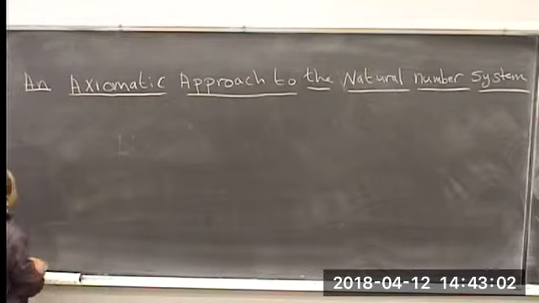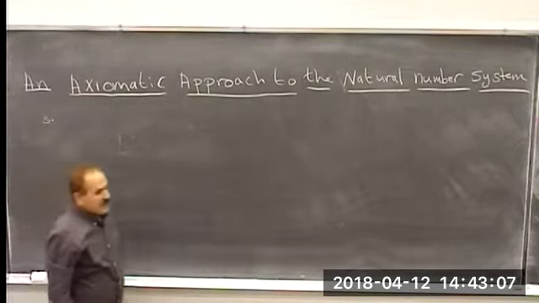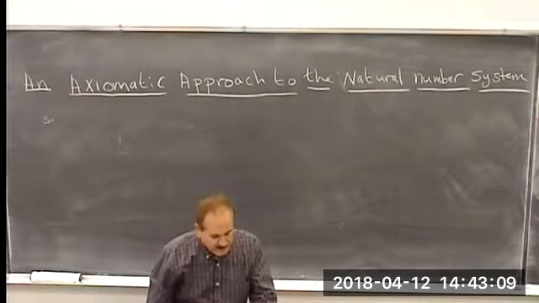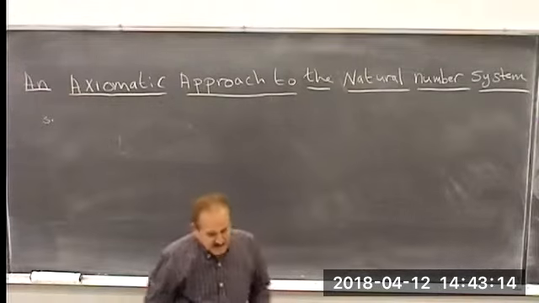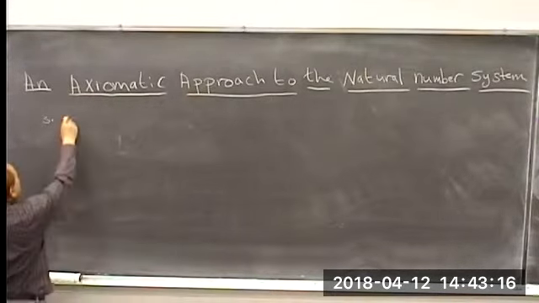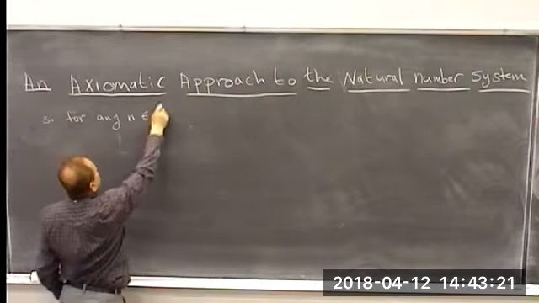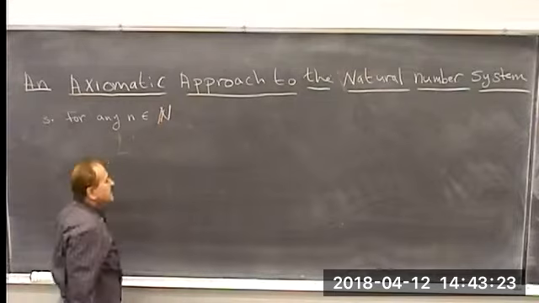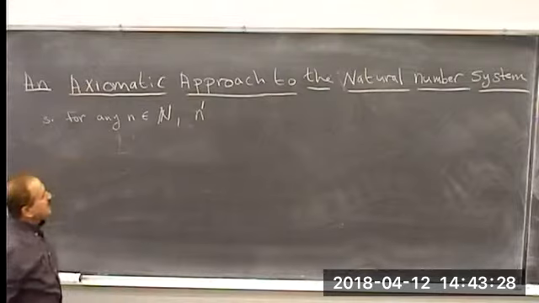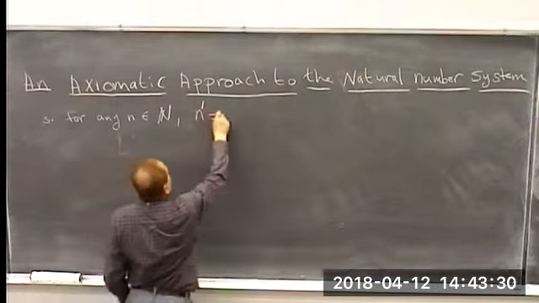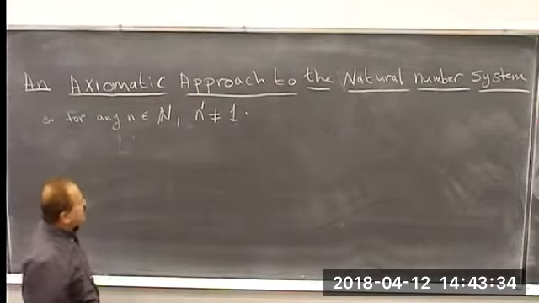The third axiom is the following. For any natural number, or any n in N, n prime cannot equal 1. All right? We need to explain what this means.